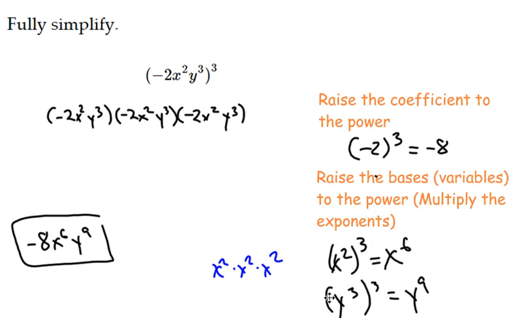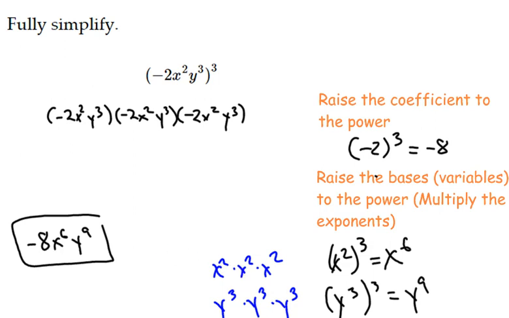Same thing here: y to the third power is y to the third times y to the third times y to the third. And if you add the exponents, you get y to the ninth. So the shortcut, whenever you're raising a base to a power and then you're raising that to another power, is to just multiply the exponents. That's the shortcut. All right?